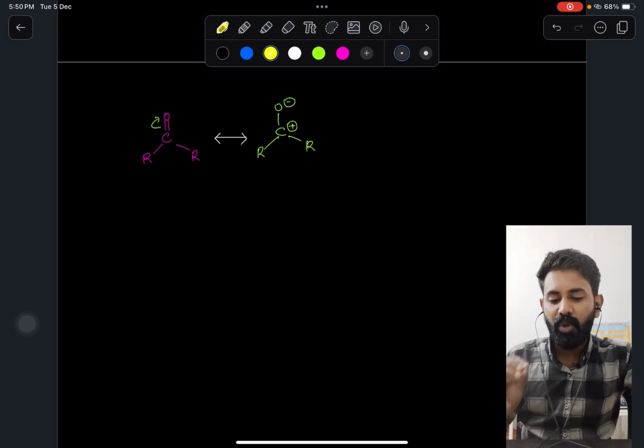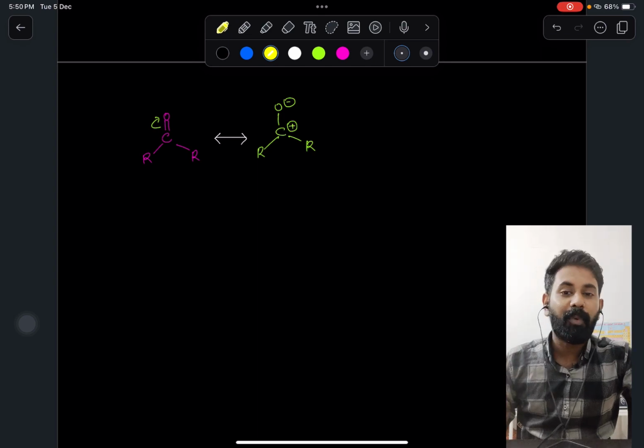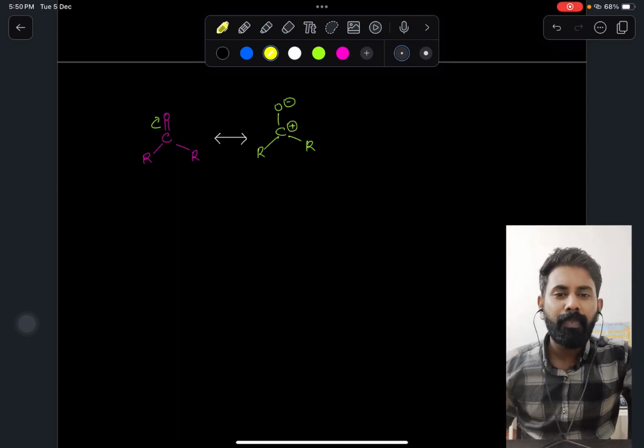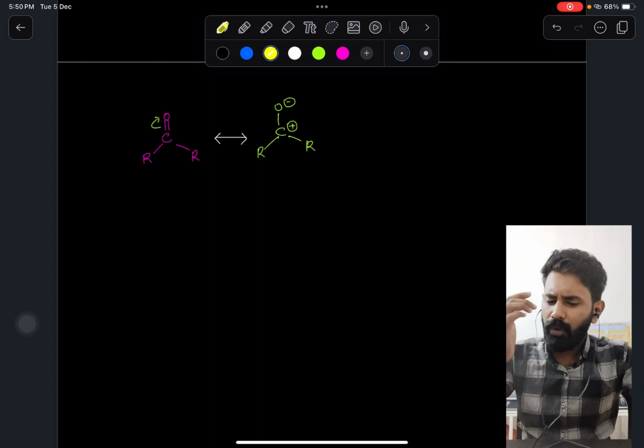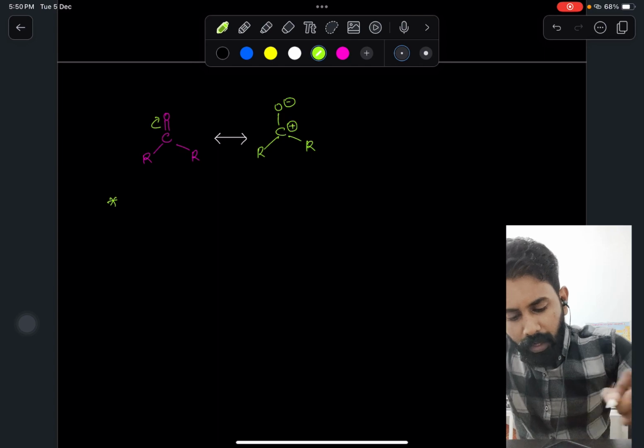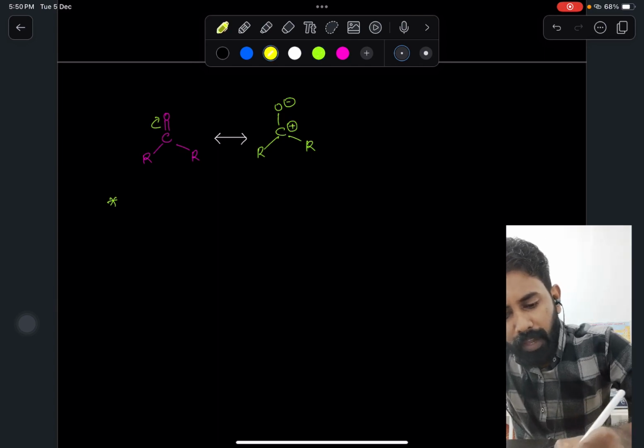So this electron deficiency of the carbonyl carbon makes aldehydes and ketones undergo nucleophilic addition reaction. So now we know why they undergo nucleophilic addition reaction. Okay, so that's clear.